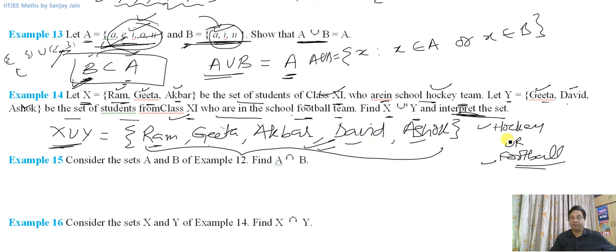They either play hockey or football. And as we can see, Geeta plays both hockey and football. This is also one of the interpretations. Akbar also plays hockey. No, Akbar is not common to both. So the interpretation is, these are the names who play either hockey or football. And Geeta is one of them who plays hockey as well as football.